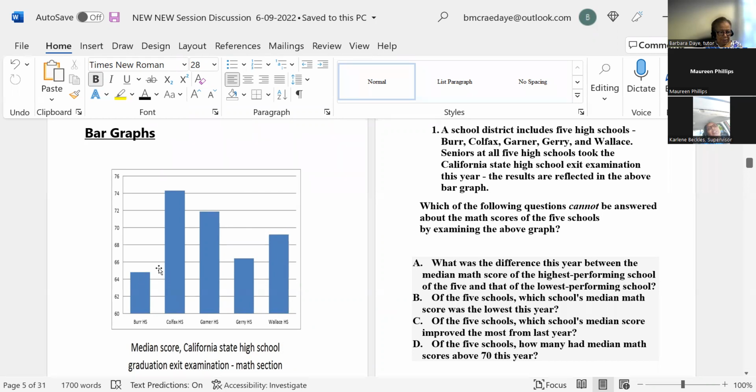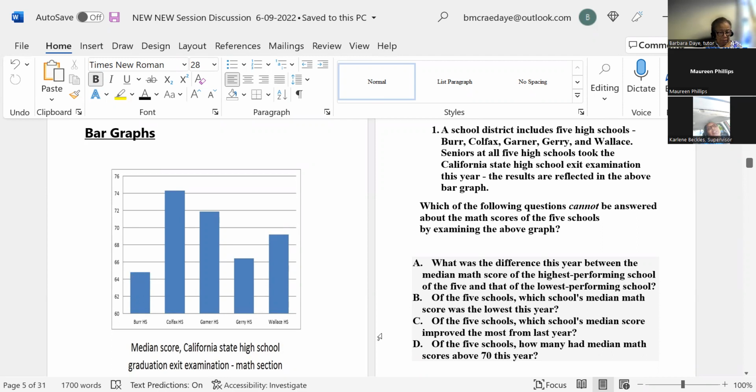If I say this is 1, 2, 3, 4, 5, which school had the lowest median math score? Just give me the number. The first one had. Yes, you're right. Number 1, because its bar is shorter than the others. So that school had the lowest for the year.